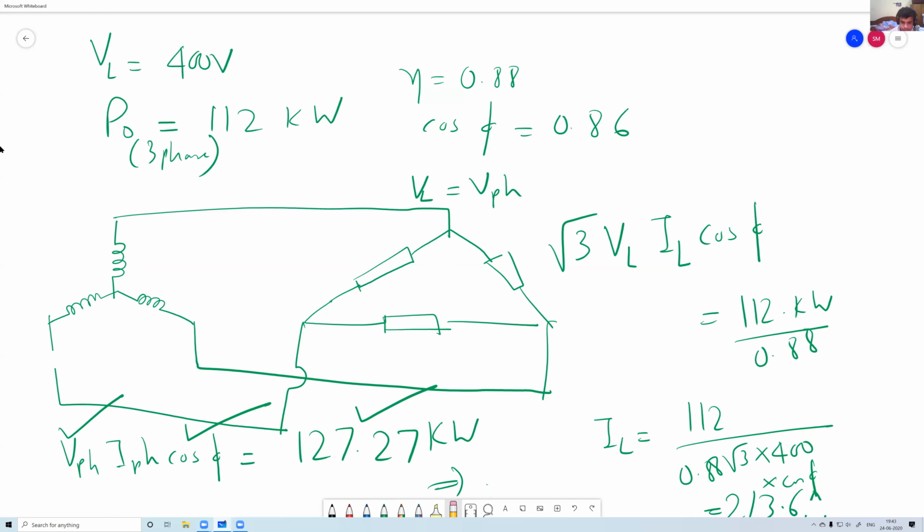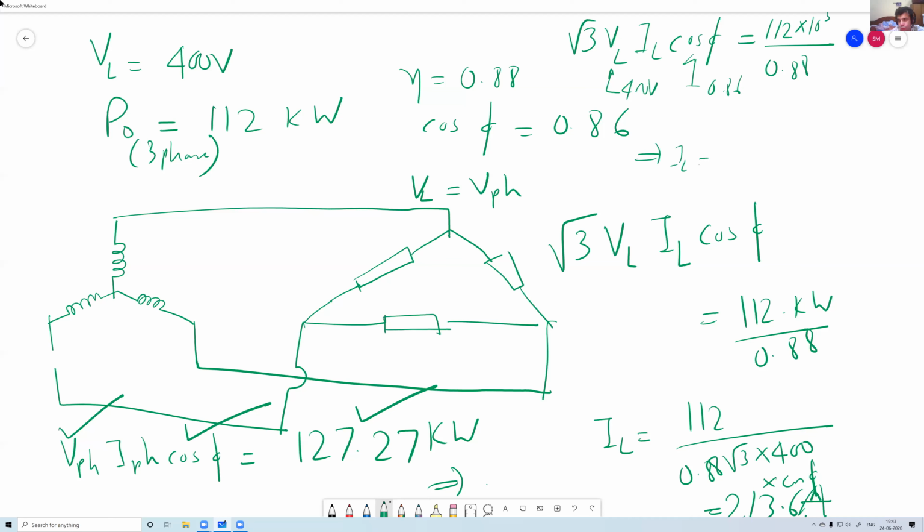This is because the total power generated is root 3 VL IL cos phi, that is 112 kilowatts by 0.88. Now this is 400 and this is 0.86. So IL comes to be 213.6 amps.